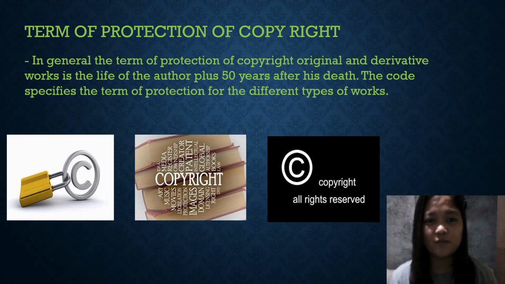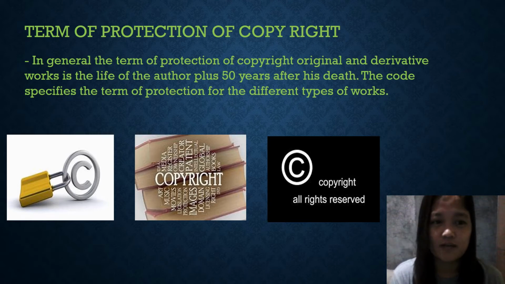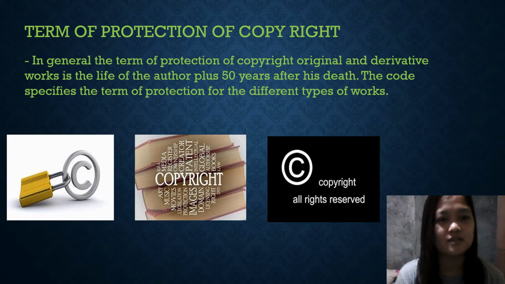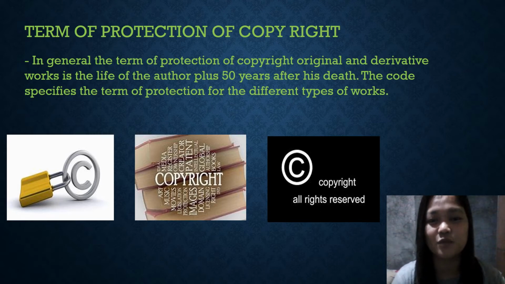The term of protection of copyright. In general, the term of protection of copyright for original and derivative works is the life of the author plus 50 years after his death. The code specifies the term of protection for the different types of works.